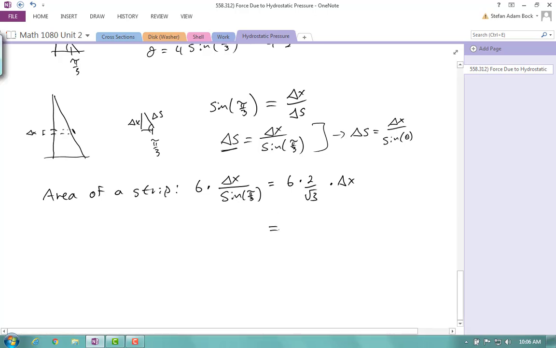If I rationalize this, I'm going to have 4 root 3 delta x. So that's the area of my strip. And I just need to multiply this by the pressure that occurs at that depth.